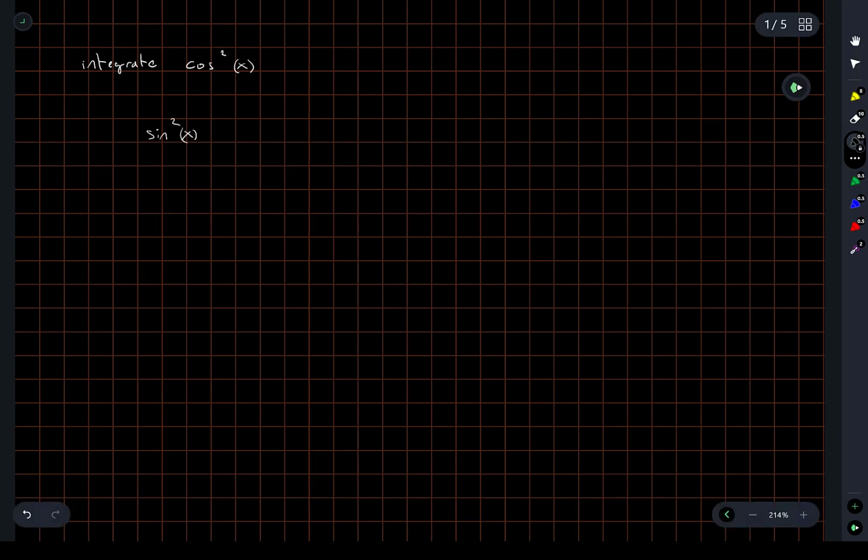Sine squared x plus cos squared x is equal to 1. What are the appropriate trig identities for cosine? It's been a really long time since I've done this, so I'm just going to look up one trig identity quickly.